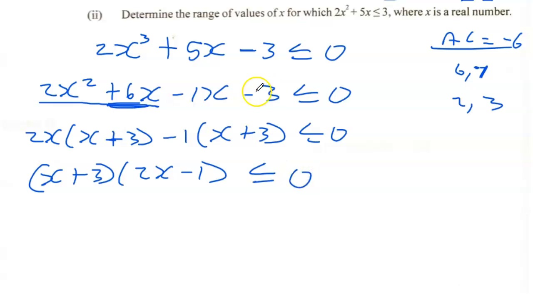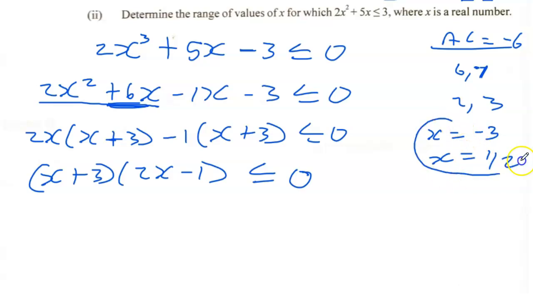So notice the critical values here are the values that make the bracket 0. So we can equate each bracket to 0 and solve. So the critical values here would be negative 3, and equate 2x minus 1 to 0 and solve. The other critical value here is half.